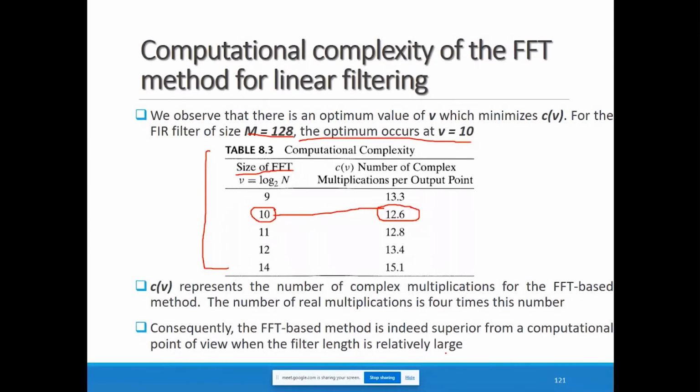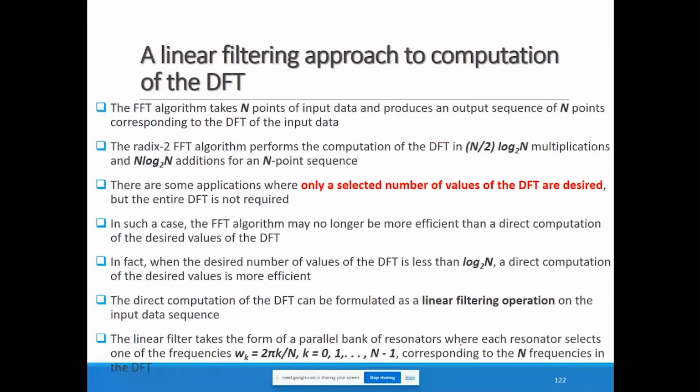So this method will give you a reduction in computational complexity when your filter length is relatively large. Instead of direct implementation of the filter, if you use the FFT for that particular filter implementation, you get the reduction in computational complexity. Okay, are all of you clear up to this?